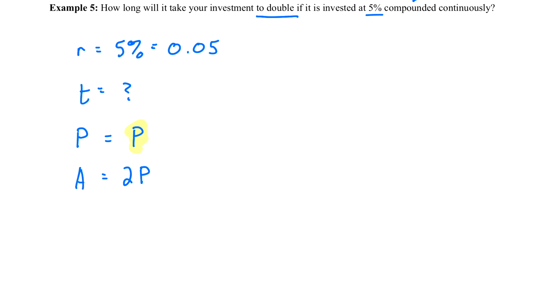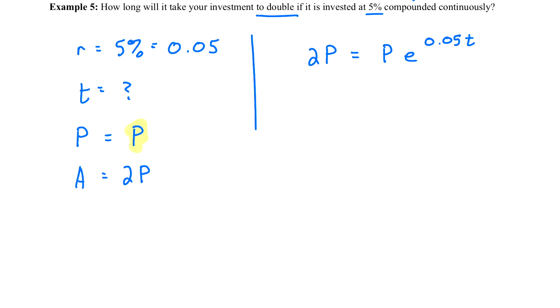And I can actually use this and plug it into that continuous compound interest formula. So let's try it here. We're saying A is 2P, which equals P times e raised to the r, that's 0.05, times t, that's my variable, so we're going to be solving for t here.